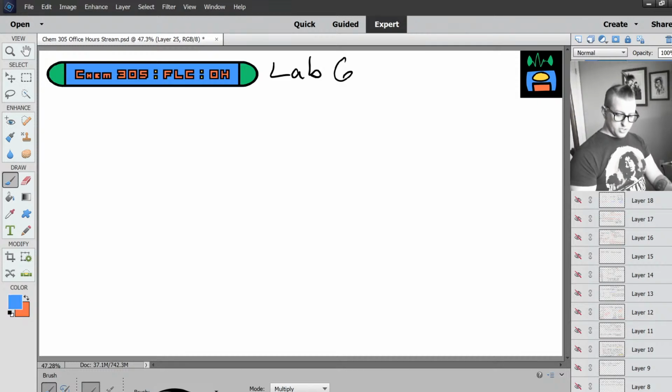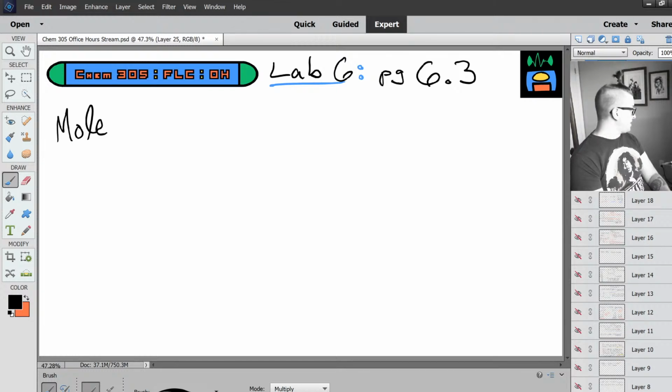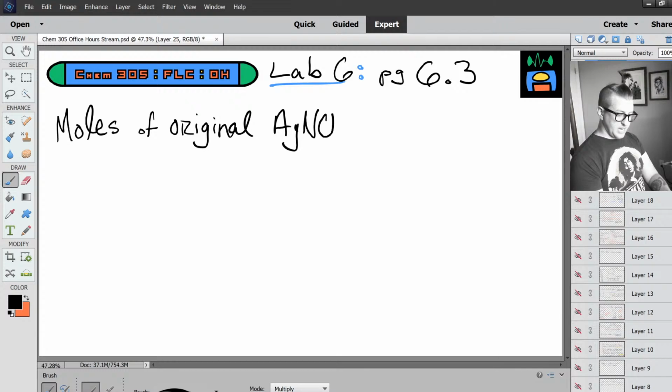This would be page 6.3. When they say, so there's a space where they say moles, they want you to calculate the moles of original AgNO3.